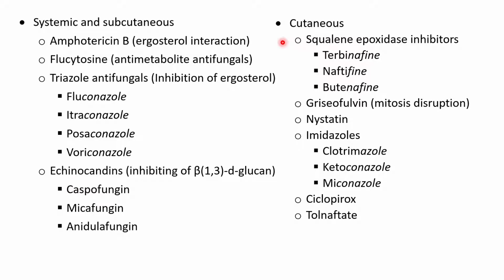And cutaneous include the drugs for the treatment of the skin infections mostly, and this includes squalene epoxidase inhibitors that end with the fine, like terbinafine, naftifine, and butenafine, and also the toluene that disrupts the mitosis, nystatin, same as the amphotericin B for the mechanism of action, but only used for cutaneous infections only.